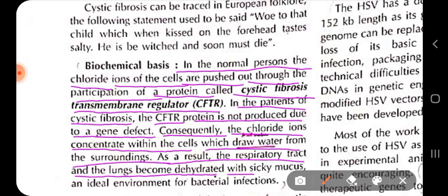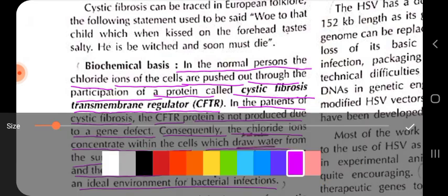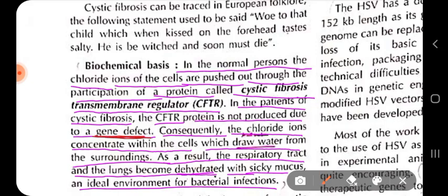But if that mucus is dehydrated, it becomes sticky, and which becomes an ideal environment within the lungs for having other opportunistic bacterial infections, which are the secondary infections, you can say. So simple thing, due to the defect of a gene that is responsible for CFTR protein, it cannot move the chloride ions from the cells, and thus what happened?